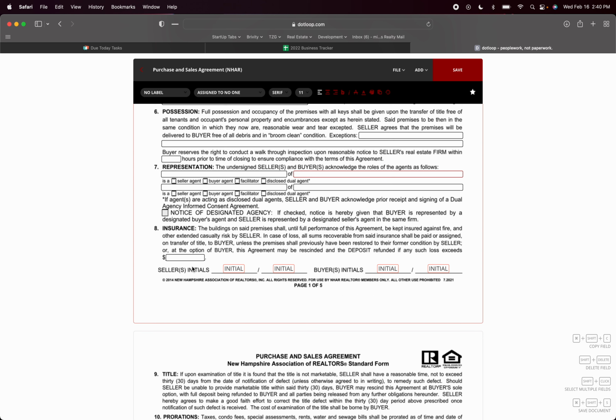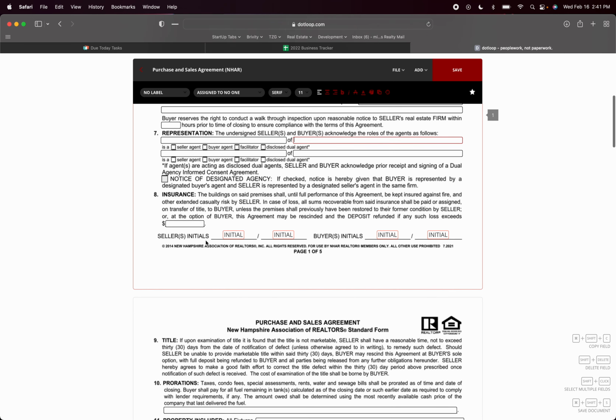This is really intended to protect the buyer. If you are representing your buyer, you want a lower amount there. $1,000 is pretty common to see there. If you're in a multiple offer situation trying to make an offer look more attractive, or if you're representing the seller, you might want to see a higher number there, because again, a higher number there would be more advantageous to the seller. So just something to keep in mind when you're filling this out or reviewing a purchase and sale.